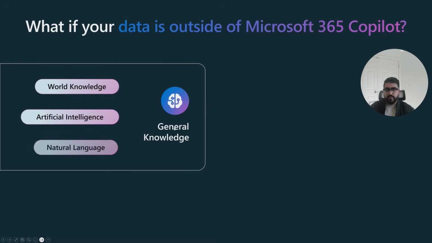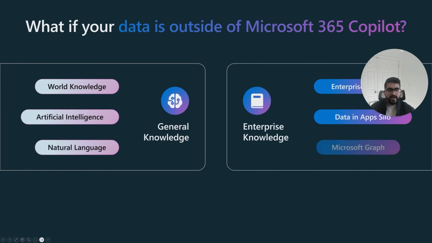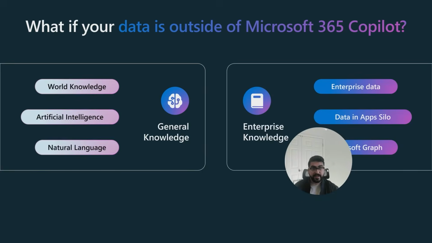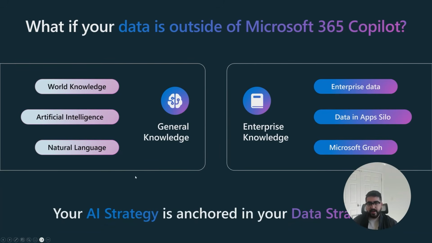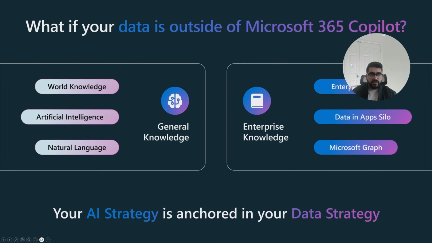As we all probably know, Microsoft 365 Copilot has a variety of knowledge sources. You have general knowledge, you have enterprise knowledge, including data in the graph, and you have data in additional external data sources that you may have.